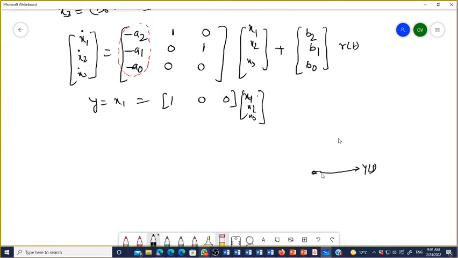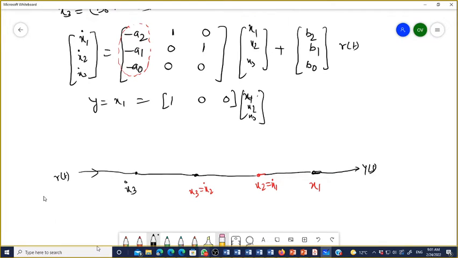Let's say we have defined the term x1, then x2, and what is x2? x2 is equal to x1 dot. And x3 is equal to x2 dot. And in the last we have x3 dot. And this one is your r t.